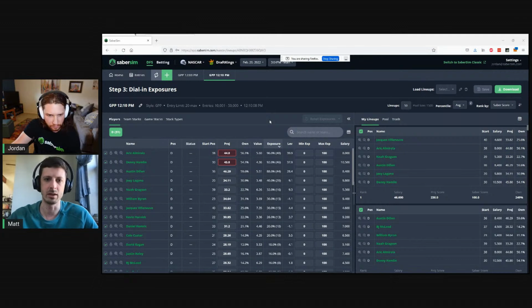The other thing is the particular track. The size of the track really matters. Daytona is the superspeedway where there are a lot of lead changes and a lot of crashes, and it's a very specific type of race. So we're incorporating that. Depending on the race and the different factors of the track, we change the amount of variance and how well each driver is going to do.